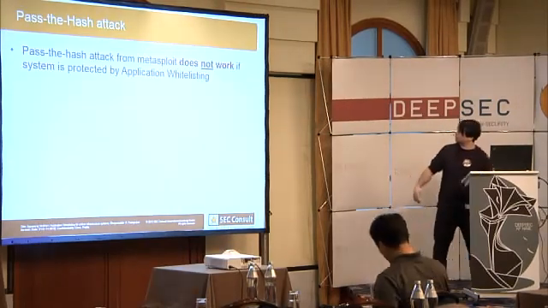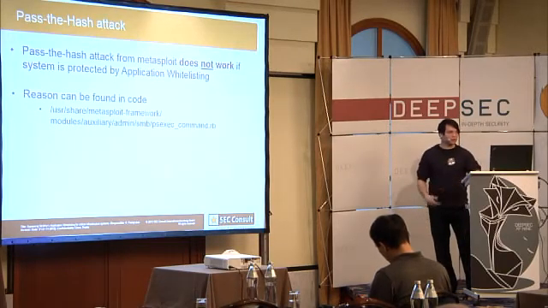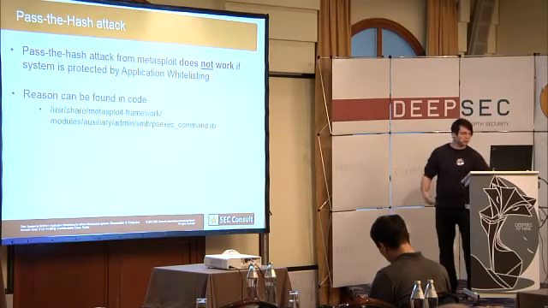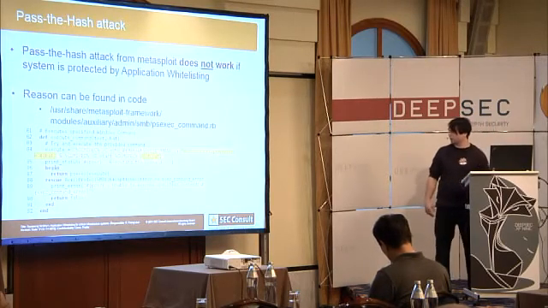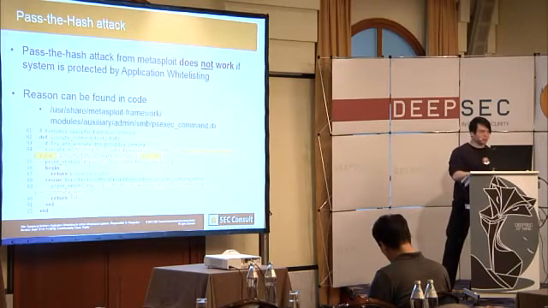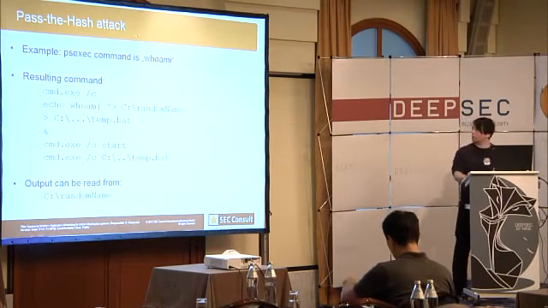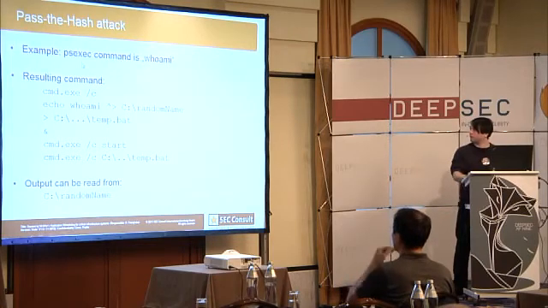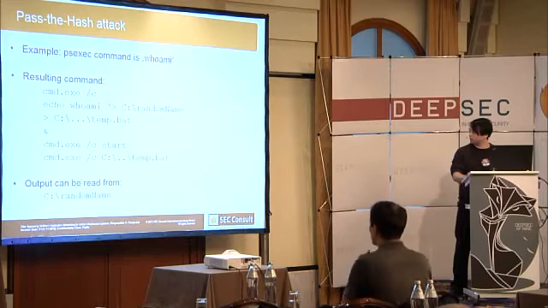To find out the reason why this is not working, you just have to have a look at the source code. In this case, the source code is this one here. It looks a little bit complicated, but on the next slide I have it more readable. If you want to execute the command whoami over PSExec, you would end up executing this whole command here.